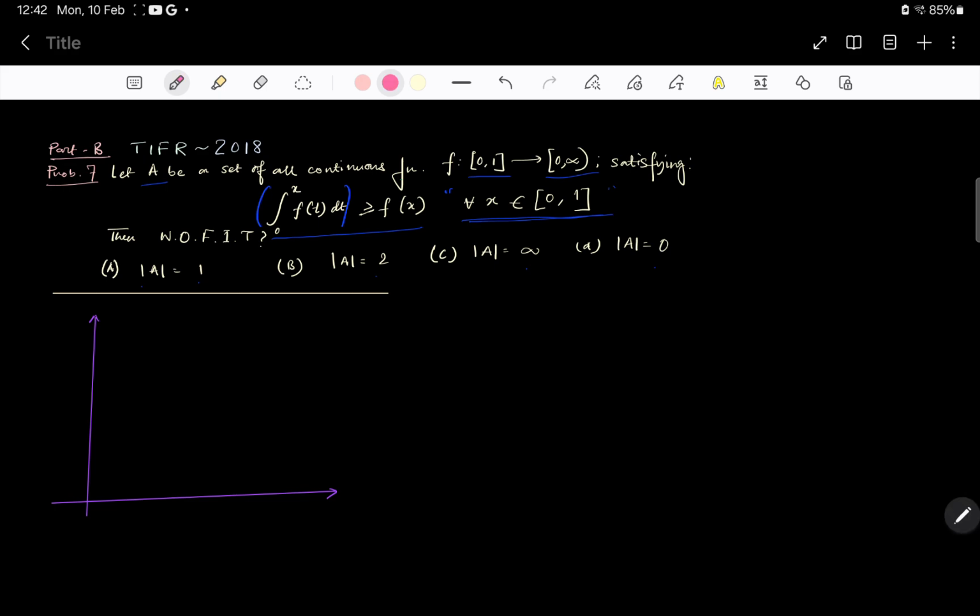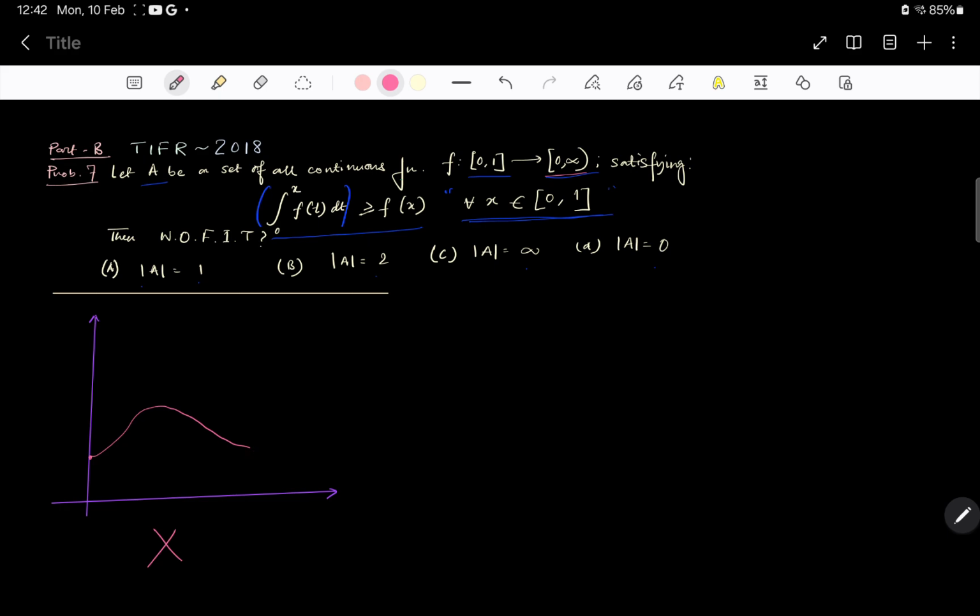Since the function has been said to be non-negative, that is, the range of it varies from 0 to infinite, this is clear that this function will be looking something like this. My intention is to say this function will not go down to the x-axis.